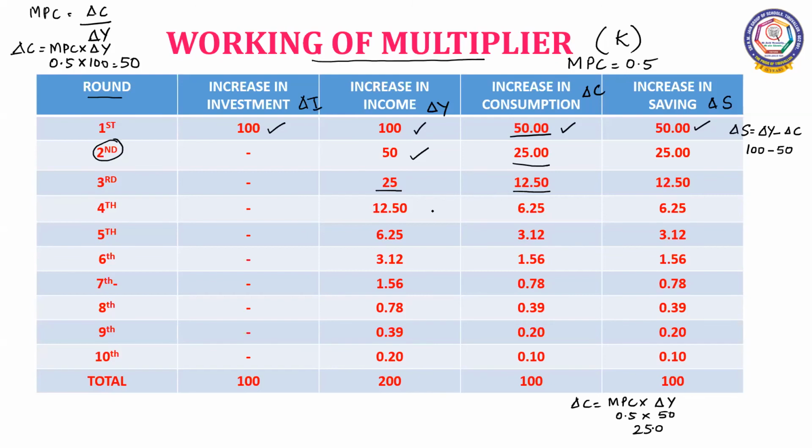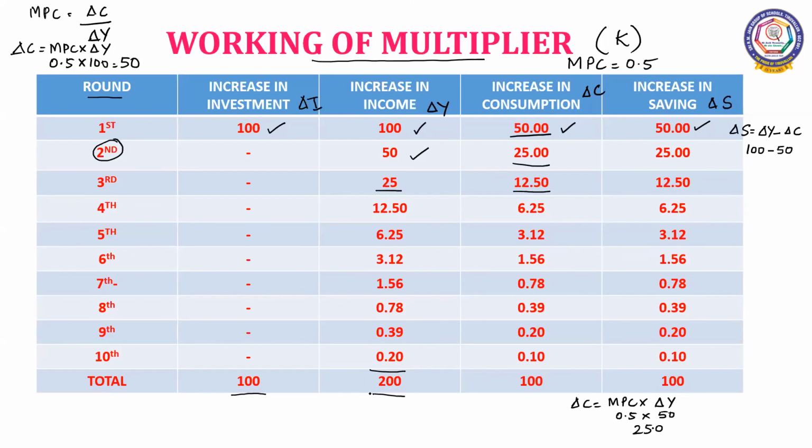This continues. This round just continues, and the total of the increase in income comes to 200. And the increase in investment is 100, because with the initial increase in investment of 100 crores, there is an increase in income of 200 when you total all the 10 rounds.